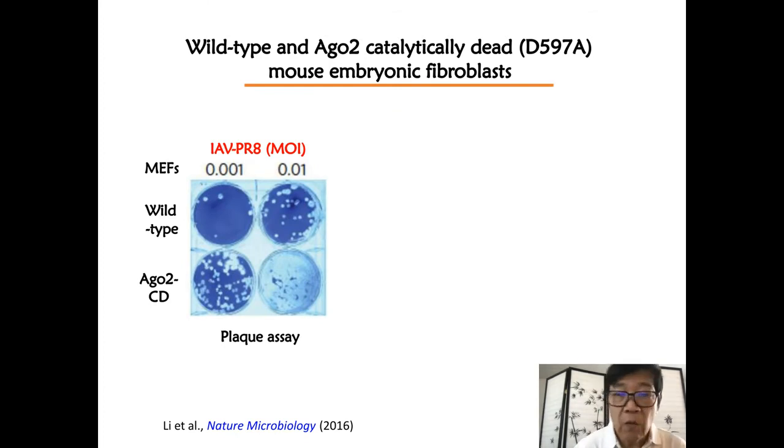And measuring the production of infectious influenza A virus particles by plaque assay also verified the enhanced virus accumulation in AGO2 CD cells compared to wild-type cells.